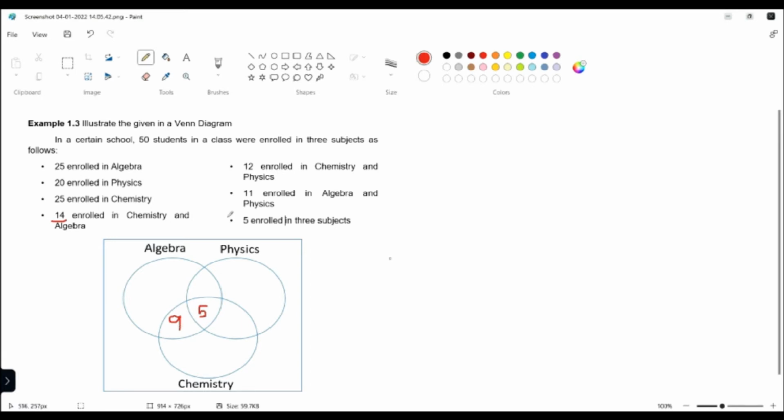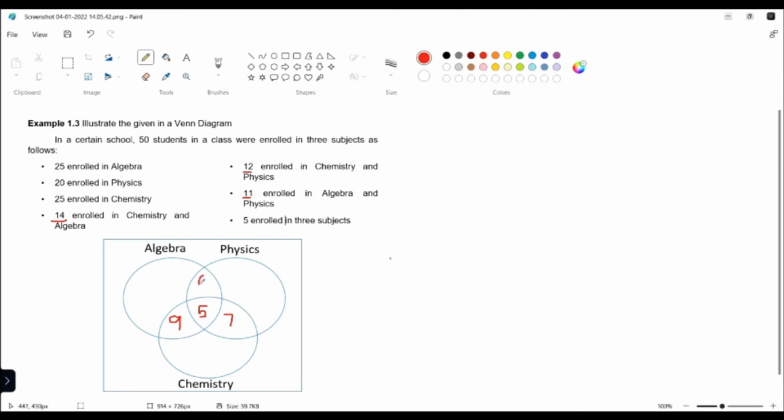All right. Next, if this is 12 students, then how many more students are taking chemistry and physics? 7 po. We have 7. Okay. 11 are enrolled in algebra and physics. How many more students? 6.